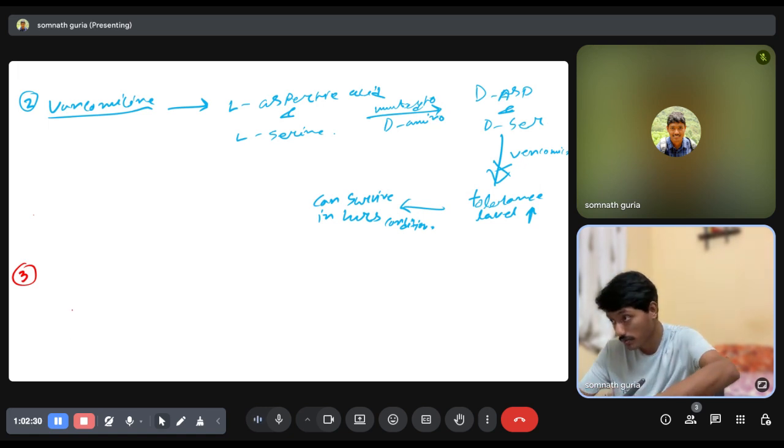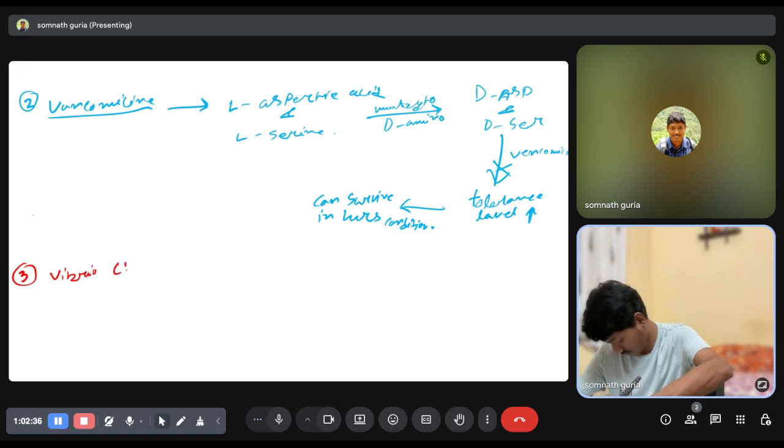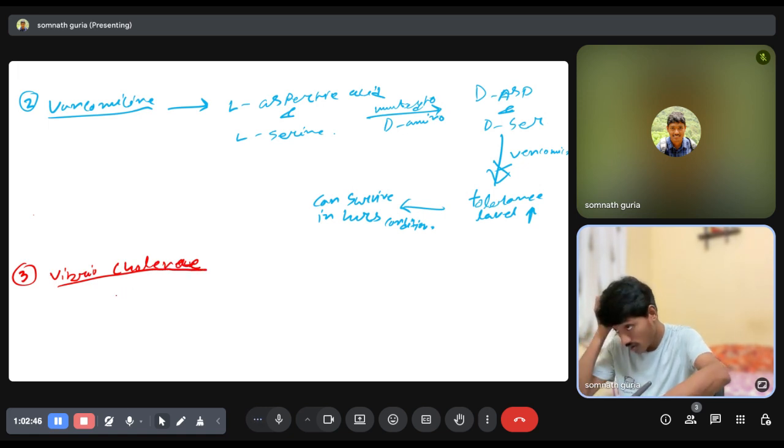Another example is the Vibrio colony. It has two phases. One is the growth phase. The second one is the stationary phase.